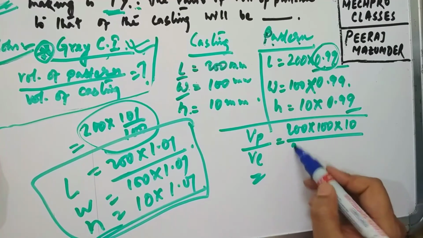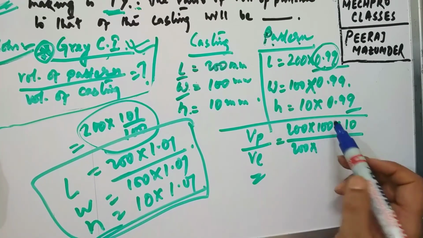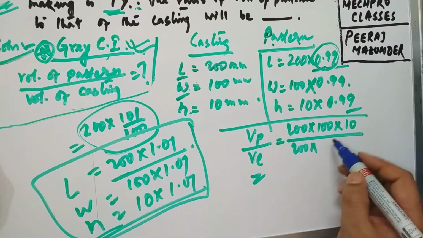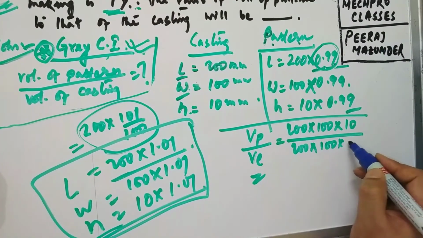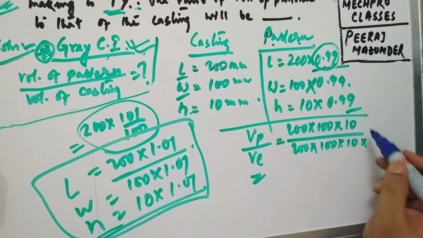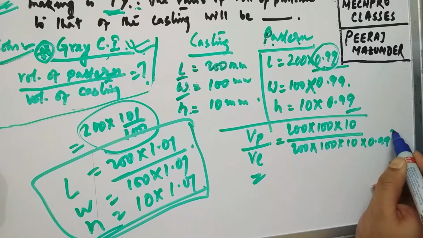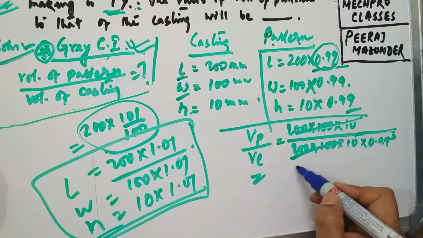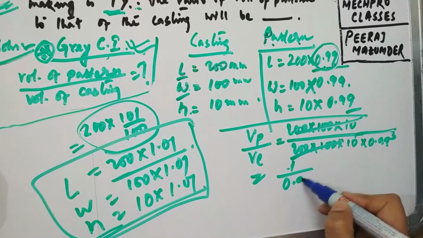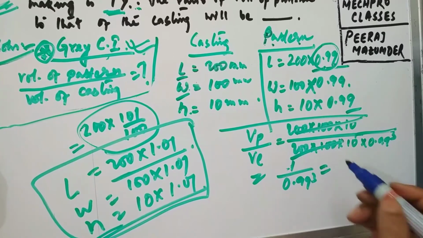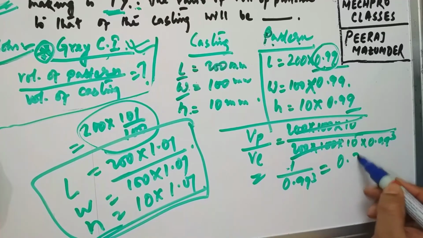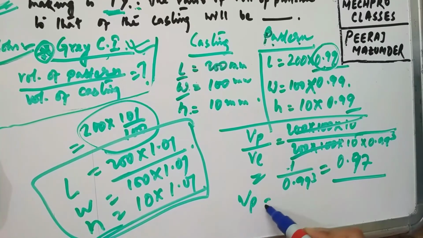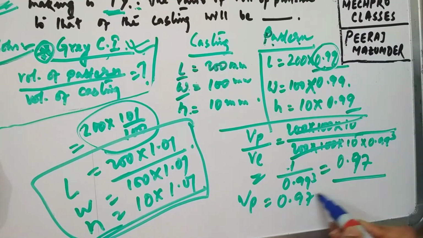VC is how much? 200 into 100 into 10 and 0.99 cubed you can write. So this will cancel out, so it will come 1 by 0.99 cubed only, so it will come around 0.97 only. So you can see VP equal to 0.97 VC.